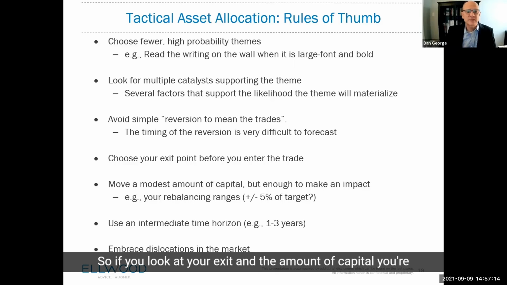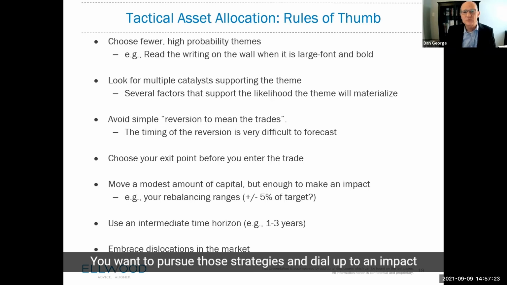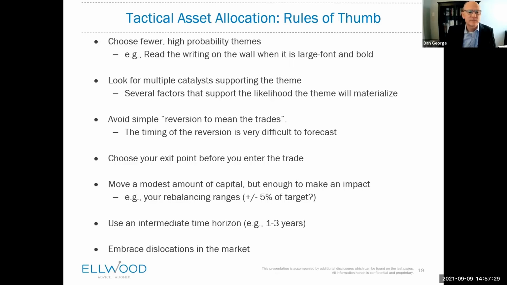So as you look at your exit and the amount of capital you're willing to move, you want to pursue those strategies and dial it up to an impact that is within a range that is at least meaningful.